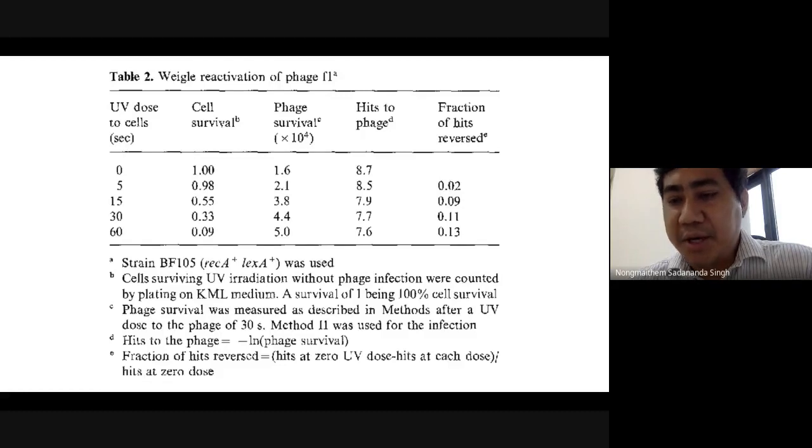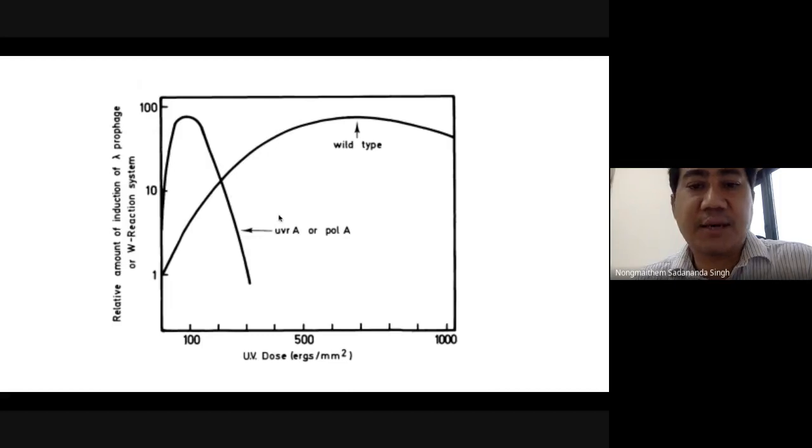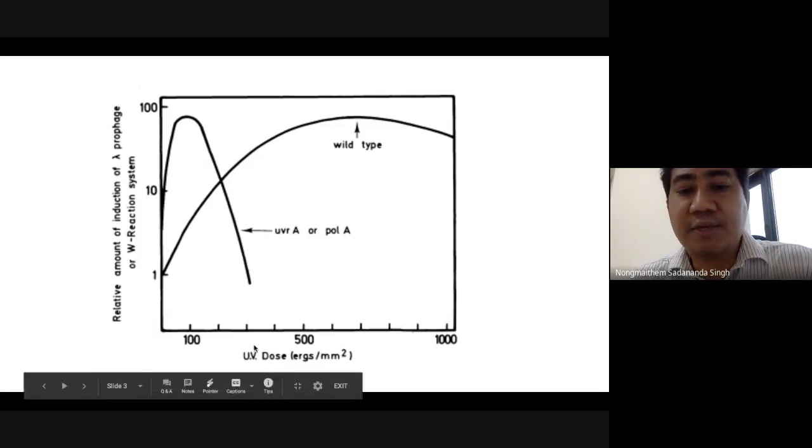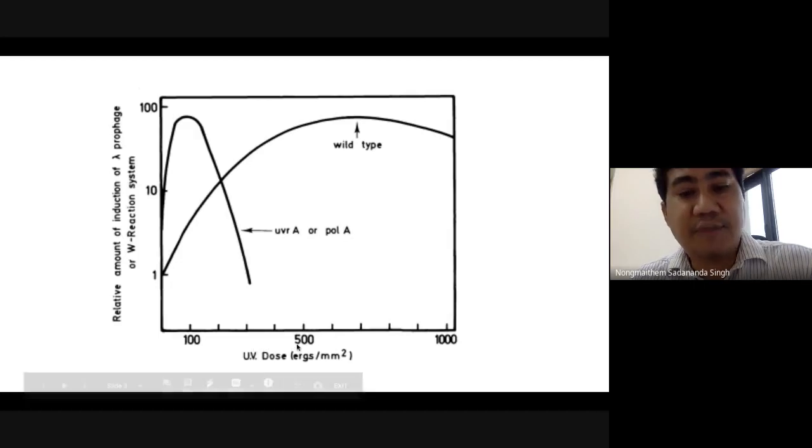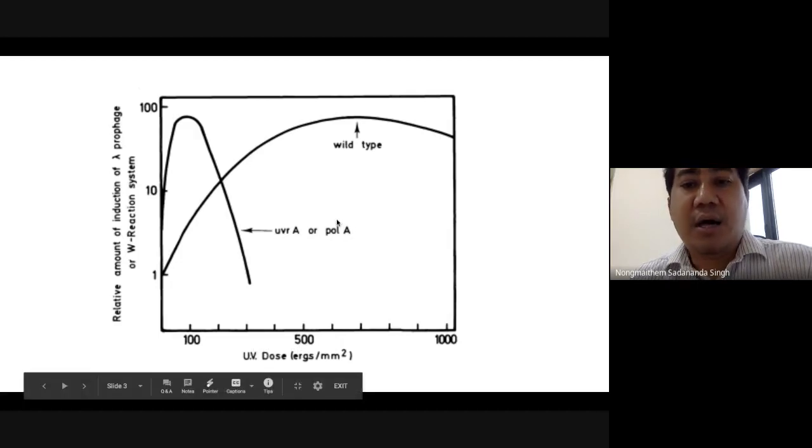He looked at mutations of certain genes, for example uvrA, the repair gene. As we discussed earlier, UvrA is a repair factor. If you have a mutation in repair enzymes, the phage survival drops drastically as you give different doses of UV.